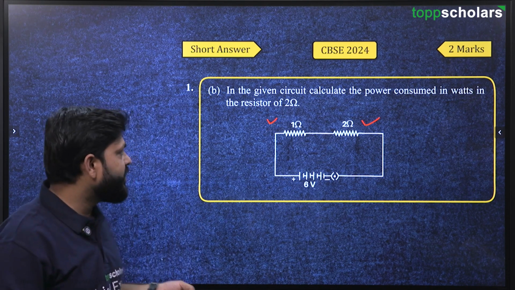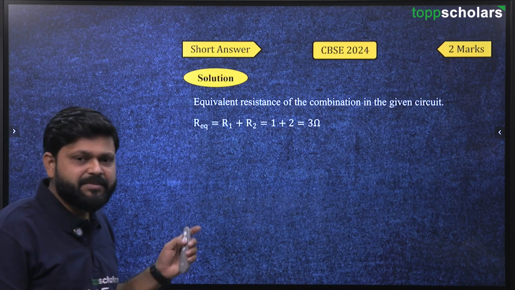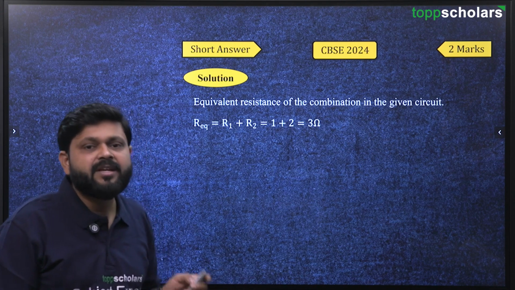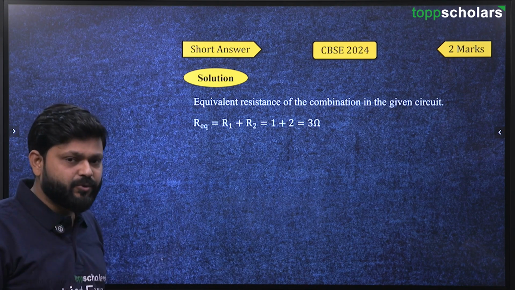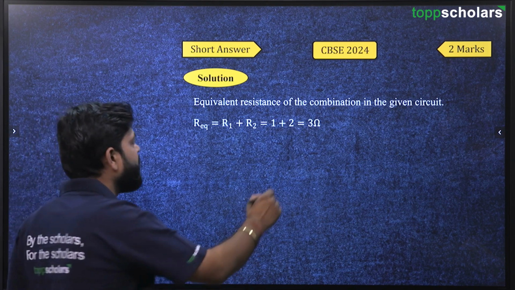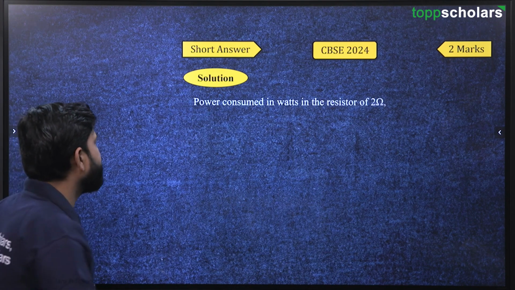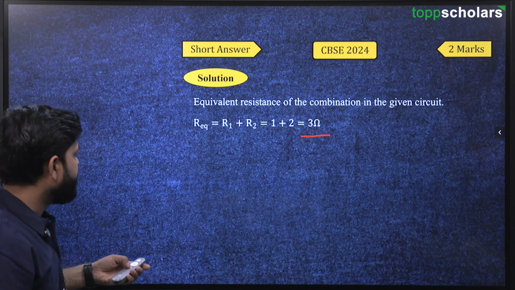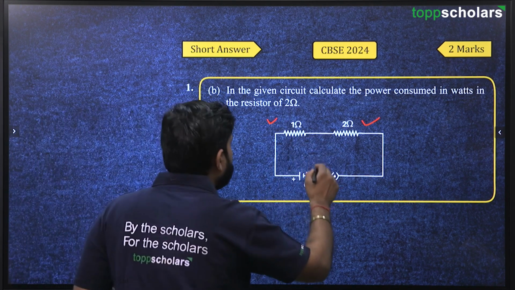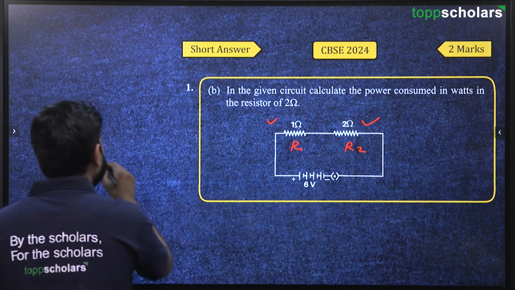Because we have a formula. You can see here that if we want to find the equivalent resistance, then as we have seen in the previous slide, when two resistances are connected in series, together it will be 3 ohm resistance. If we want to find the current, R1 plus R2, where this is R1 and this is R2.